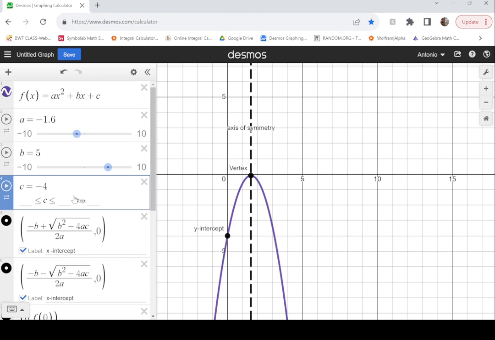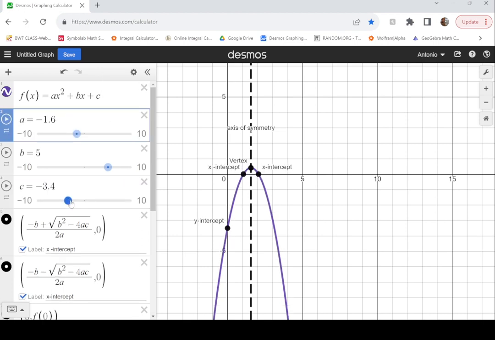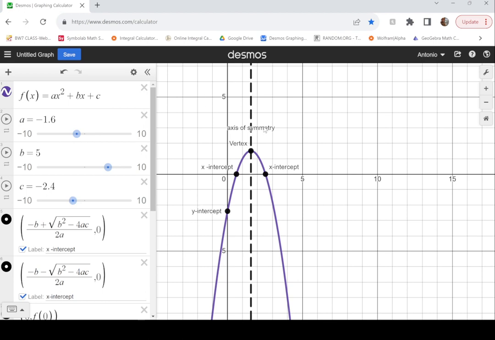The way you want to think of that is, if you use that line to fold your graph, you have a mirror image of the graph across that axis of symmetry, hence its name. So the graph is reflected across these values here.